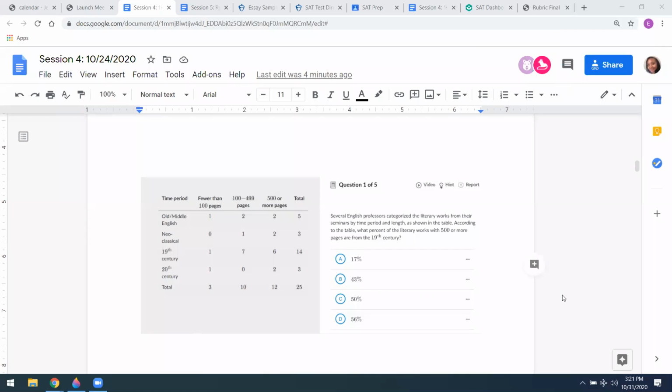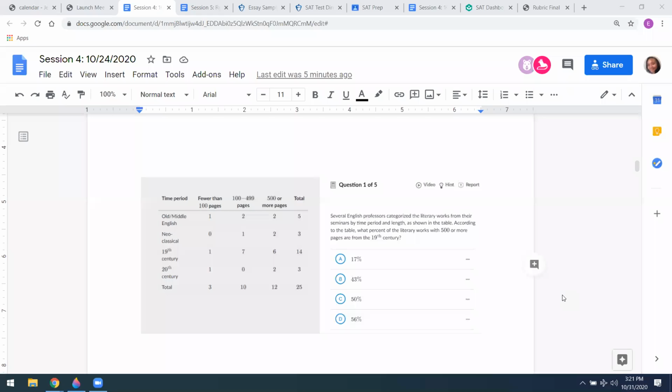First, the question says, according to the table, what percent of the literary works with 500 or more pages are from the 19th century? So I just right away went to the column that says 500 or more pages, and all the way down, it says total.